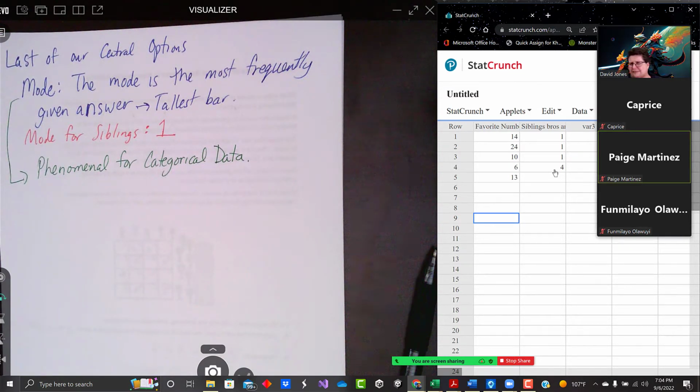And median isn't really all that helpful either, because if we're talking about hair color, like brown or blonde or redhead, green or blue, silver, white, we can't really find a median. We can't find a mean. So the only option we have is doing this mode thing.